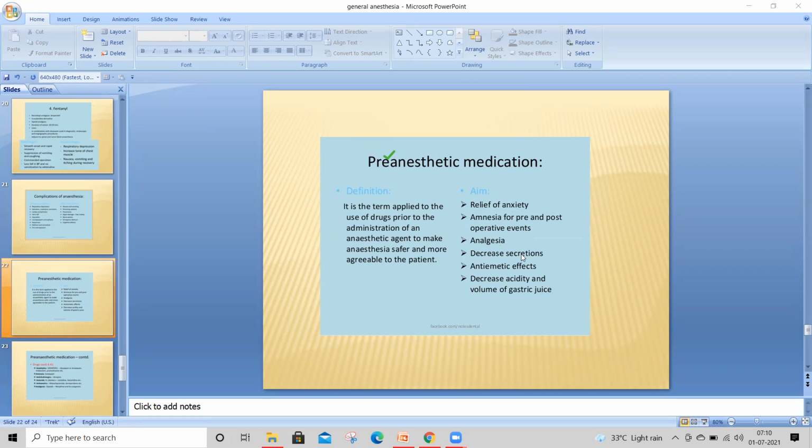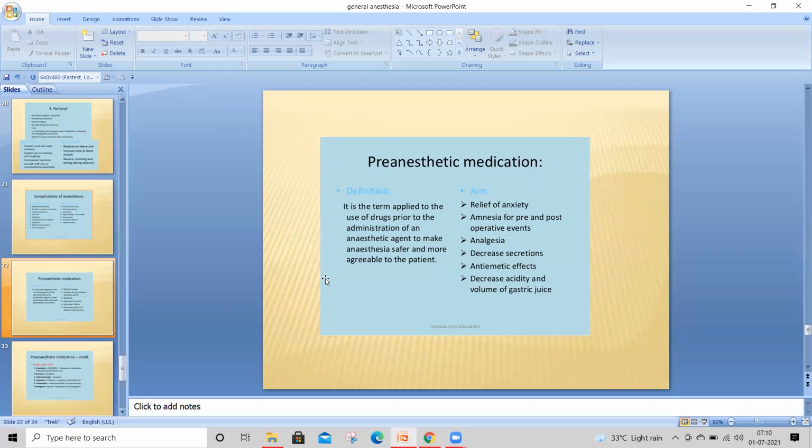For decreased secretions, an anticholinergic drug is used. For antiemetic effects, an antiemetic drug is used. To decrease acidity, an antacid or H2 blockers will be used. By seeing this, you can say what type of drug should be used in case of pre-anesthetic.